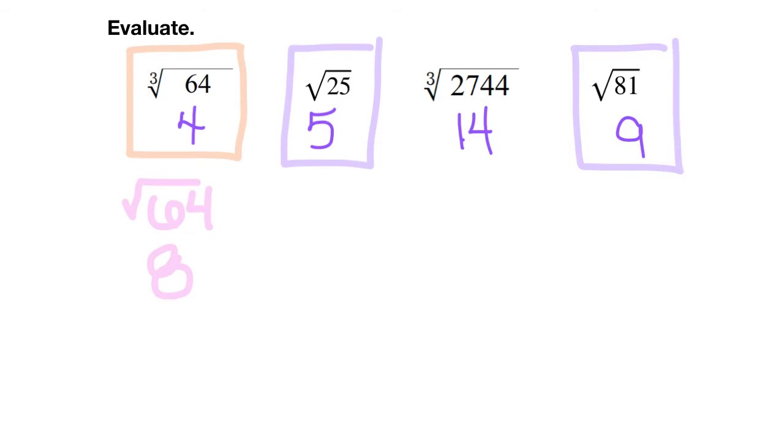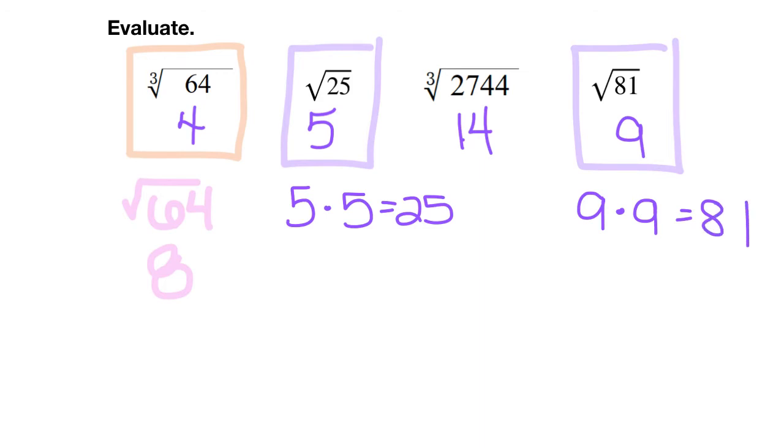On these square root problems, we find that the square root of 25 is 5 because 5 times 5 is 25. The square root of 81 is 9 because 9 times 9 is 81. The square root of 64 is 8 because 8 times 8 is 64. But is that the only valid answer?